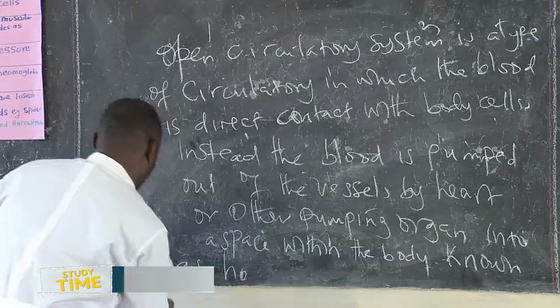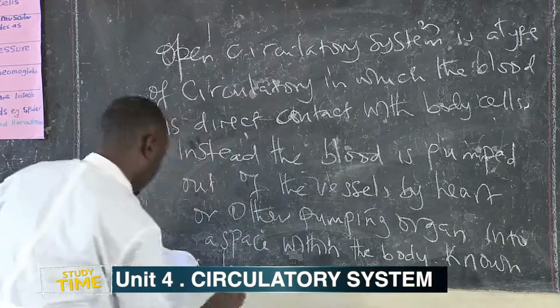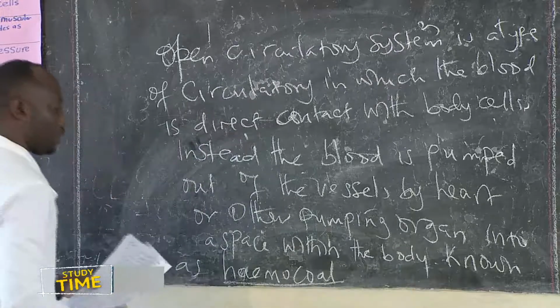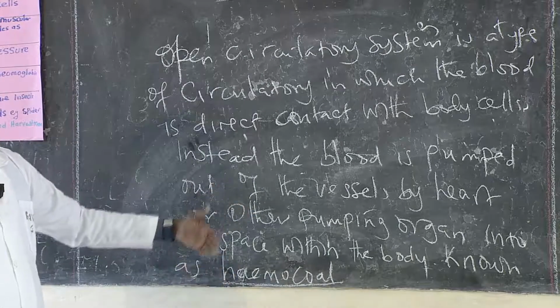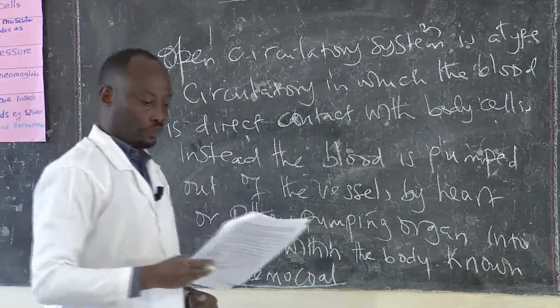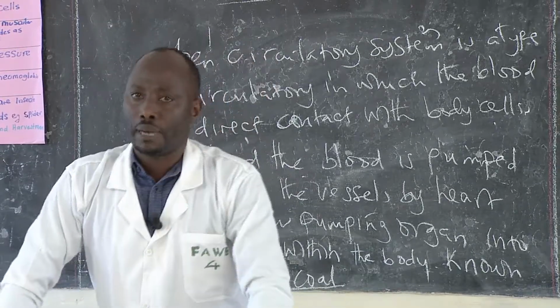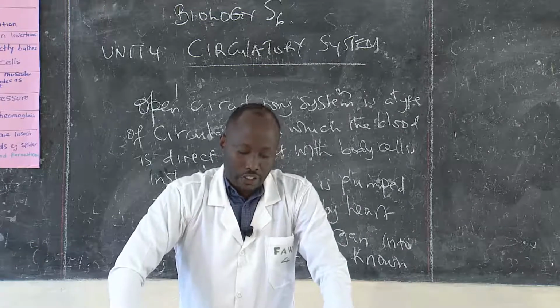So those spaces are called hemocoel. You have to underline and take a note of that vocabulary, hemocoel. It is an important vocabulary. It means the blood passes into spaces that are found in the body, which are called hemocoel. So this means that the blood is in direct contact with the body cells.